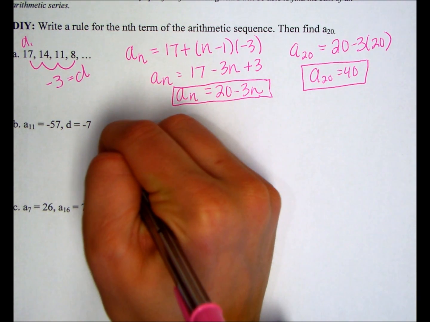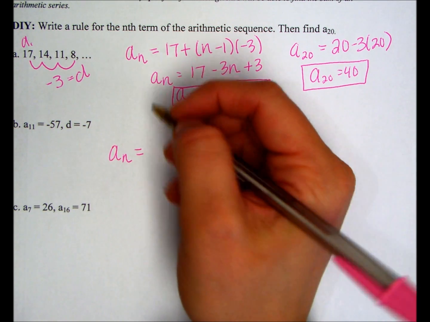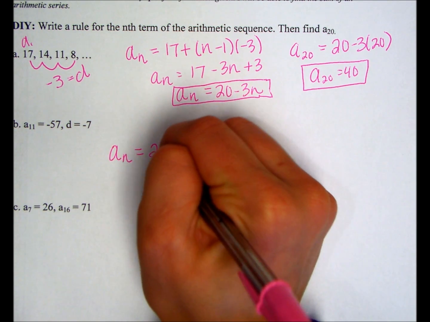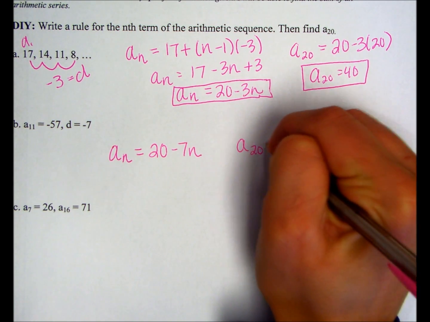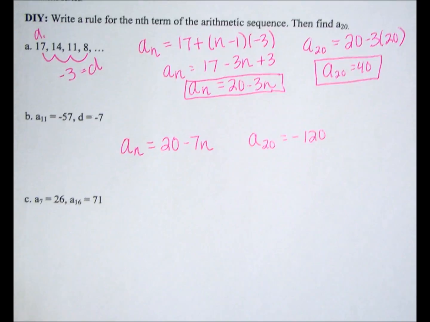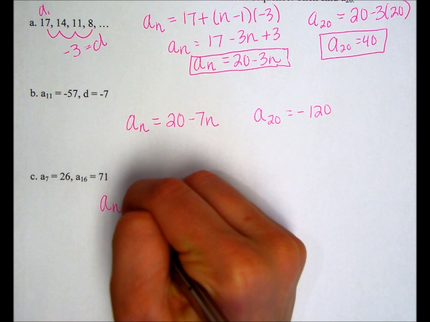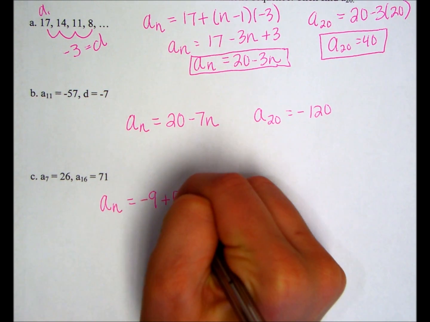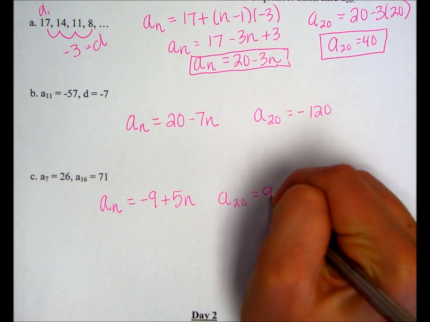So for B, hopefully you'll pause this and try it, or after you see the answer, try it. a sub n equals 20 minus 7n, and a sub 20 equals negative 120. And for C, a sub n equals negative 9 plus 5n, and a sub 20 equals 91.